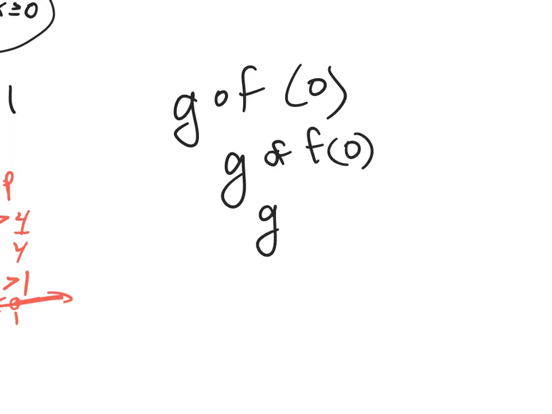So G of F of 0. That's what G∘F means. You can't see that? I'll drag that over, sorry. So G∘F(0) means G of F of 0.